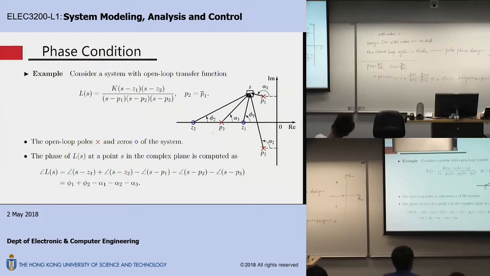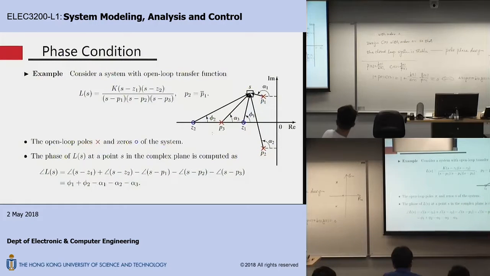It's alpha 1. Similarly, the phase of S minus P2 is this vector. And for P3, they have alpha 3.